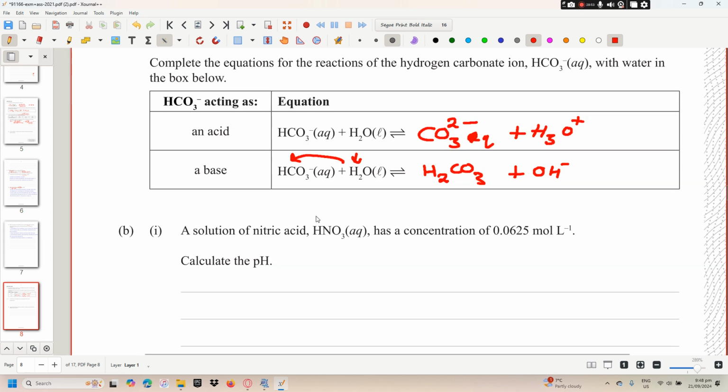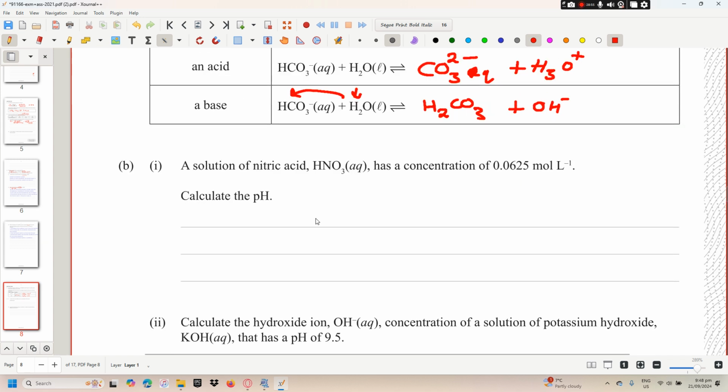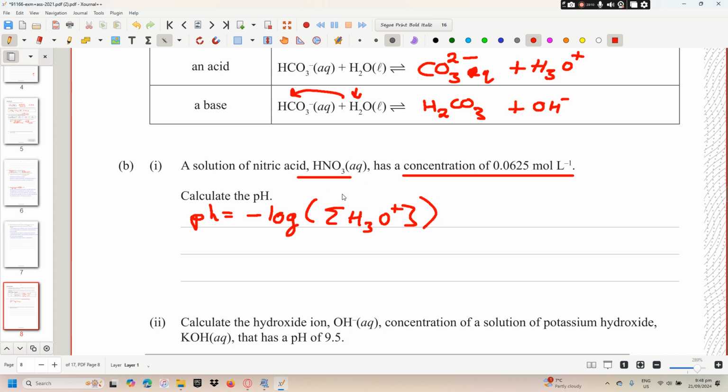So pH, it's on the formula sheet, I think, equals negative log of the concentration of hydronium. Now, you're not given the concentration of hydronium, but what you need to understand is that HNO3 fully dissociates.